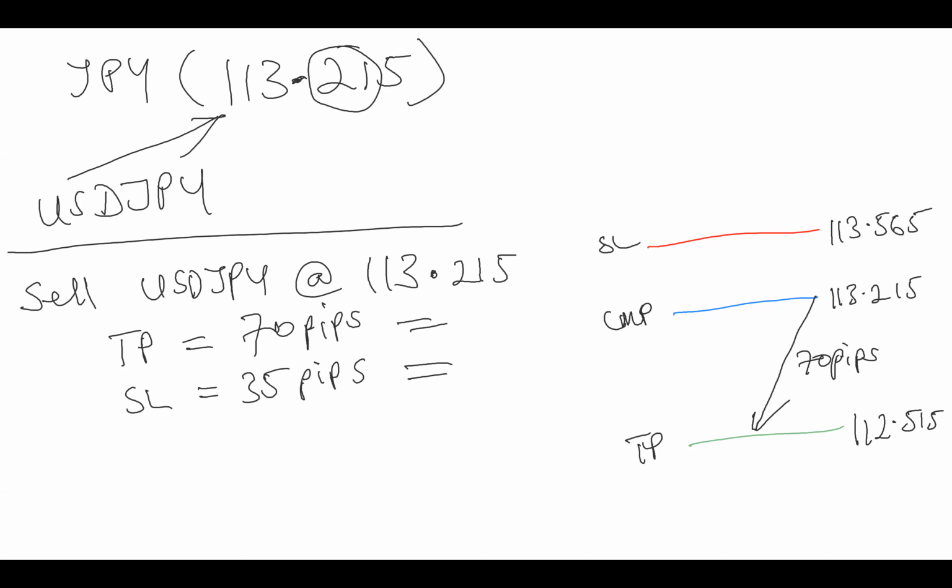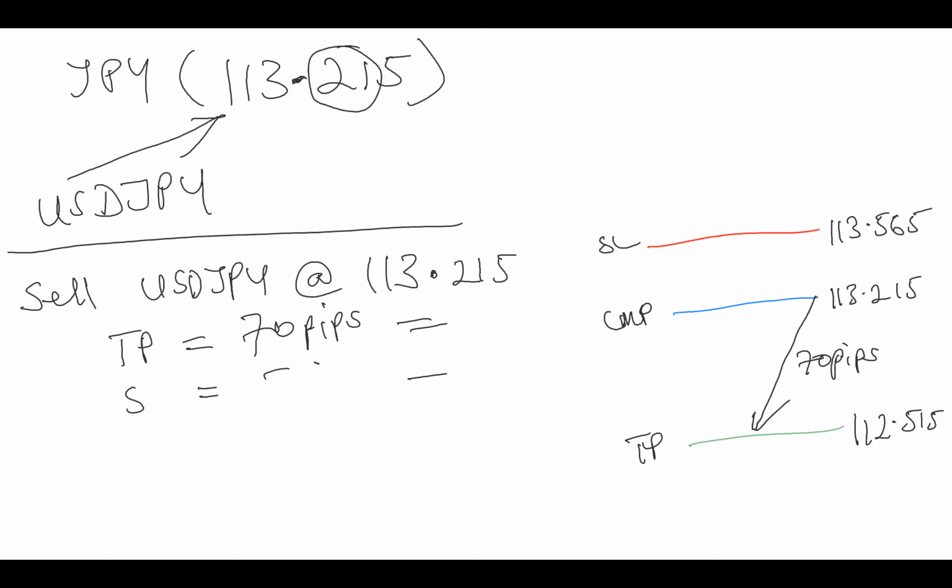So now the next thing we are going to talk about is lot sizes. So many of you do not really know what the lot sizes are, but most of us have been entering with one lot size, right? 0.5, 0.2, 0.02, 0.01.